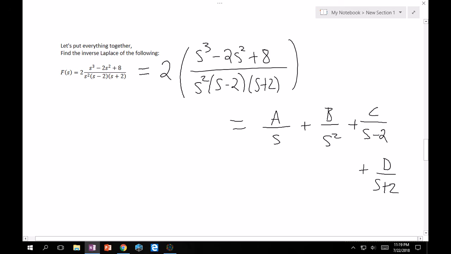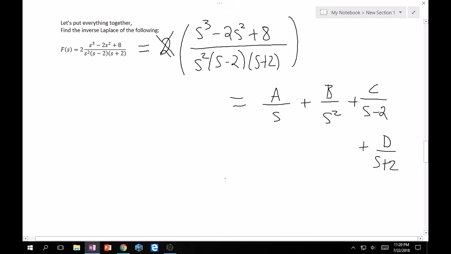And so our goal is to solve for A, B, C, and D. So let's get to it. All you have to do is multiply both sides by s squared (s - 2)(s + 2). And again, for right now, I'm going to ignore the 2. Okay? We'll add it in later. So I hope I don't see any comments of, Sebastian, you forgot the 2, your answer is wrong.